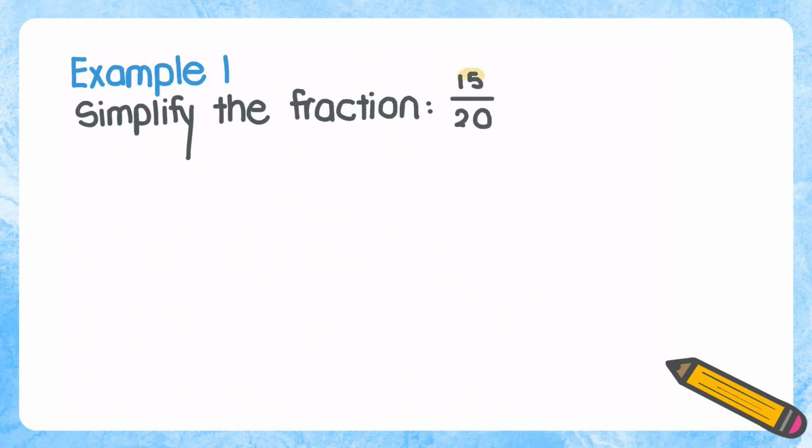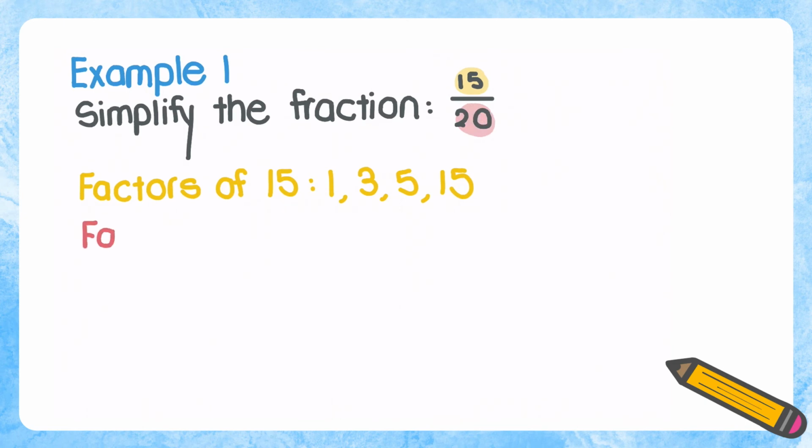In this case, our numerator is 15. So first, I'm going to write all factors of 15. 1, 3, 5, and 15 are all factors of 15. And next, let's look at the denominator, 20. We're going to write all factors of 20.